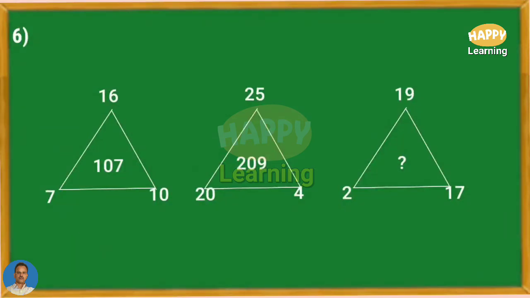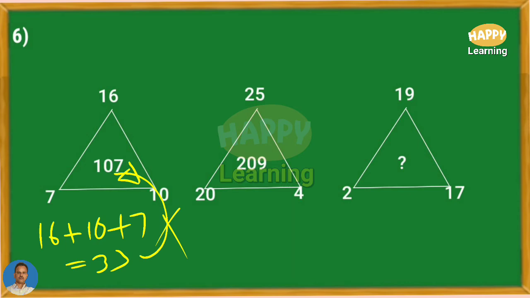Here, addition or subtraction: 10 plus 16 plus 7, 10 plus 16 is 26, plus 7 is 33, and 33 is nowhere related to this 107. So this is also not useful.